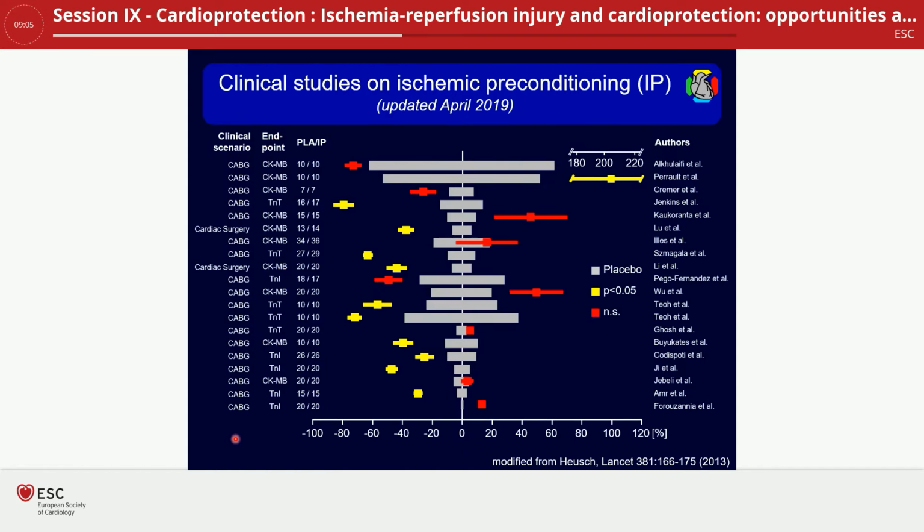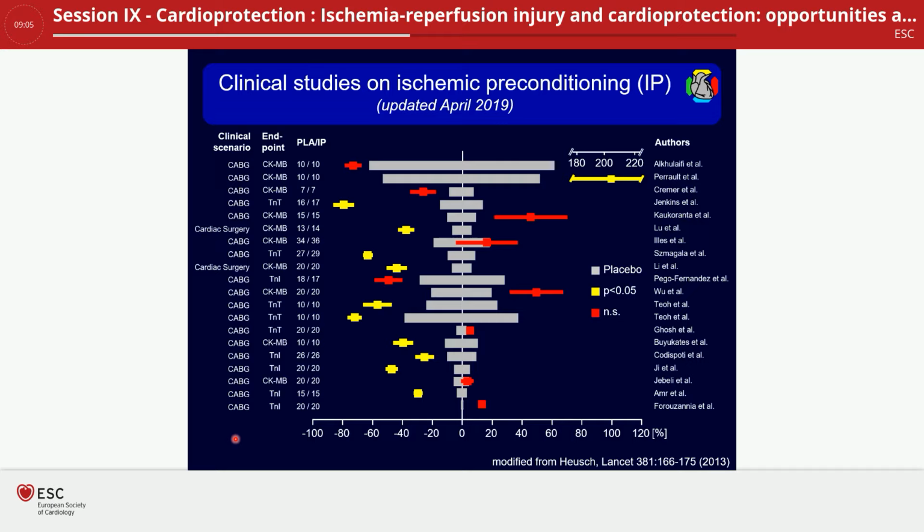This is an update, April 29, 2019, on all the clinical studies that I could trace in the literature on ischemic preconditioning. I'm using that format throughout my presentation. The zero is where the mean value of the control group is. The gray bars around the zero represent the standard deviation in the control group.